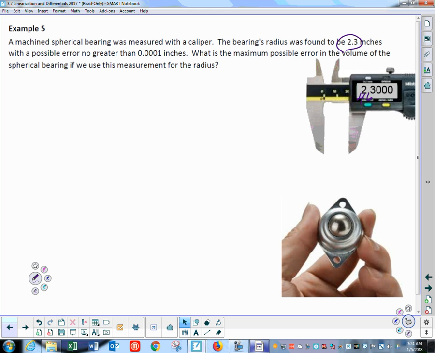Okay, so what we got to come up with first is, what is our equation? And then we can take some derivatives. What is r? And then what would be dr? What would the equation be? Well, we're talking about a spherical bearing. It is a ball shape, so volume would be 4/3 pi r cubed.